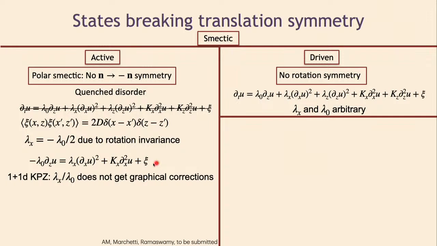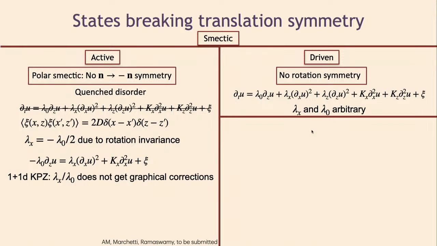This is a 1 plus 1 d KPZ, whose exponents I know. And more importantly, the lambda x over lambda 0, which is the coefficient of this guy, is not renormalized. So though the lambda x over lambda 0 is fixed by rotation invariance here and is not fixed by rotation invariance in a driven system, in neither case is it renormalized.